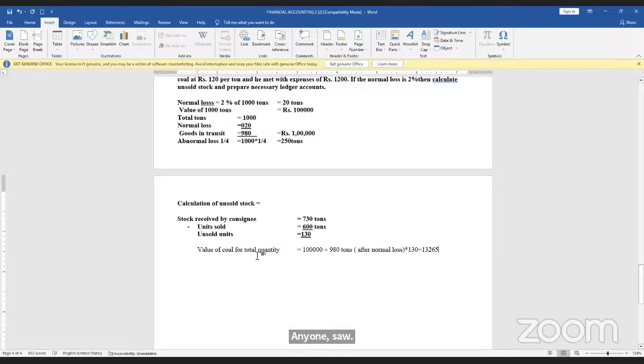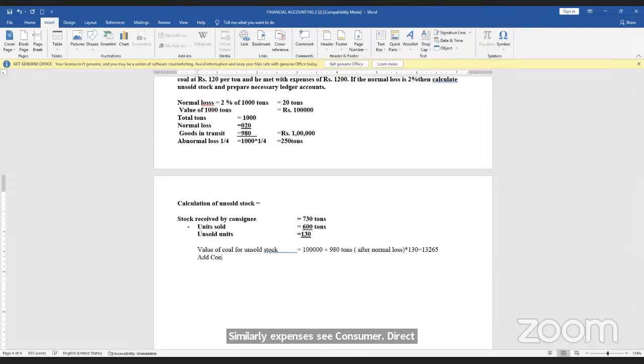Okay. So the value of coal for unsold stock: total 1 lakh value divided by 980 tons into leftover 130 is 13,265. Similarly, expenses.